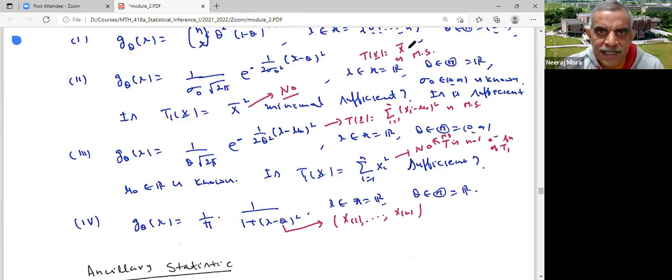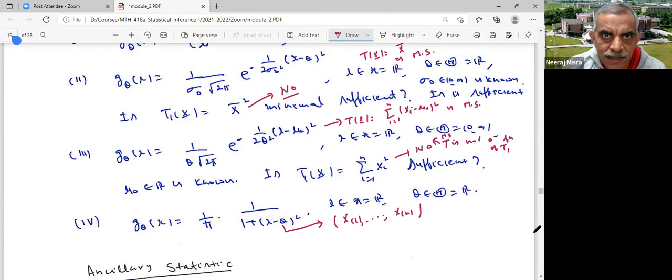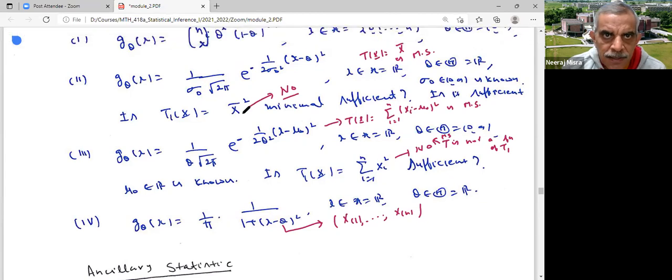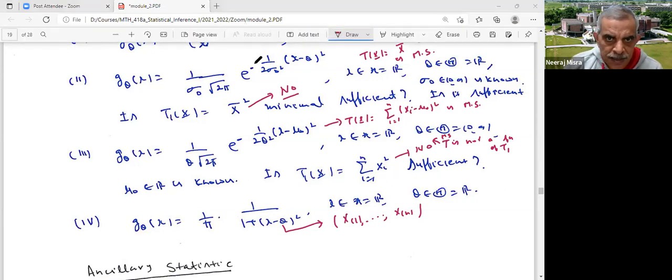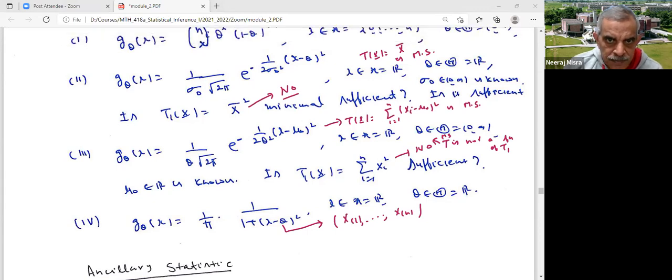Any doubts anybody has? We still see 10 participants. Rahul, Sandeep, Shivam, any one of you have any doubts?